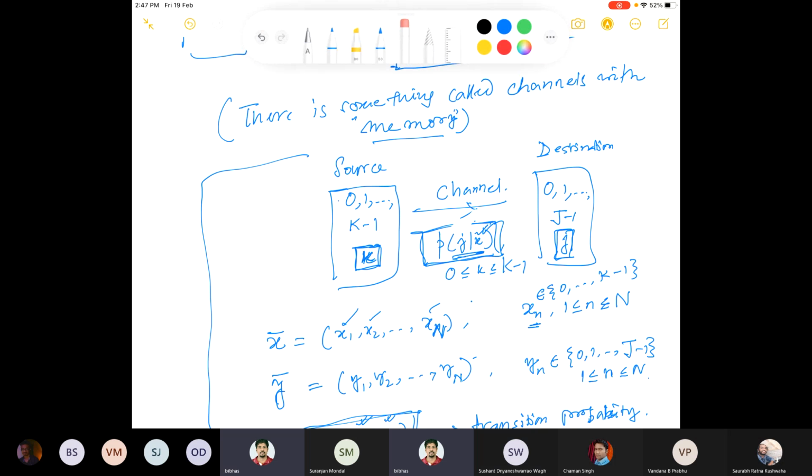What is the probability of getting j as an output? We can write it either way because both will be the same. No, here j is the output. So what is the probability that I will get the output j when small k is sent, right?